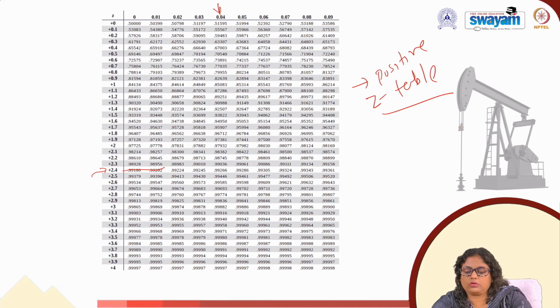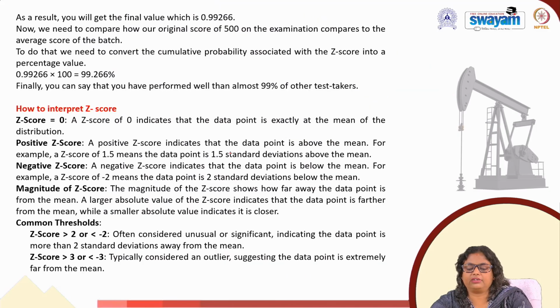So go here, we reach here, then go down. This is the point where it intersects. So the value is 0.99266. Now we need to compare how the original score of 500 on the examination compares to the average score of the batch.